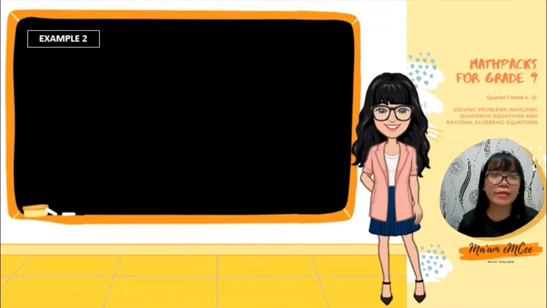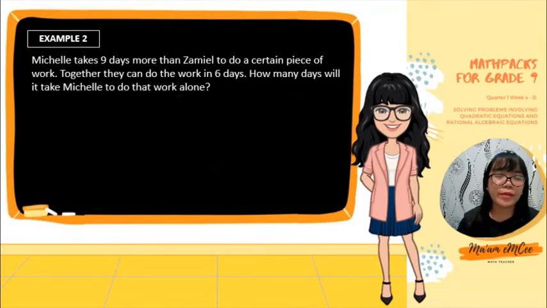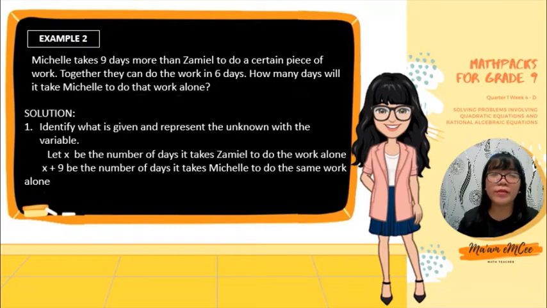Now let us have example number 2. Michelle takes 9 days more than Zamiel to do a certain piece of work. Together, they can do the work in 6 days. How many days will it take Michelle to do that work alone? So again, the first thing that we need to do is to identify what is given and represent the unknown with a variable.